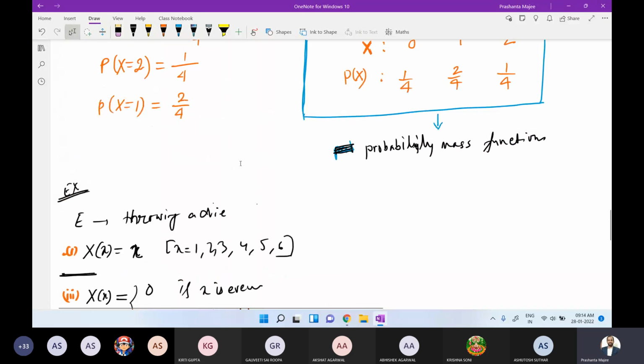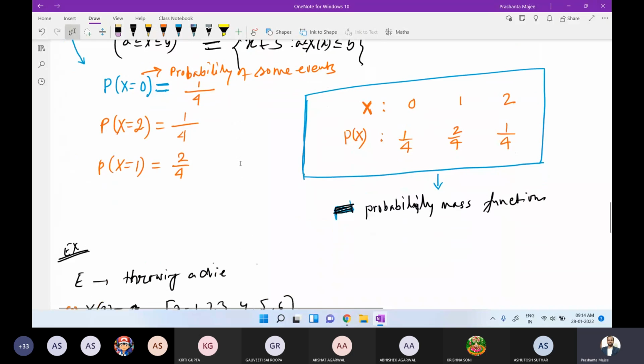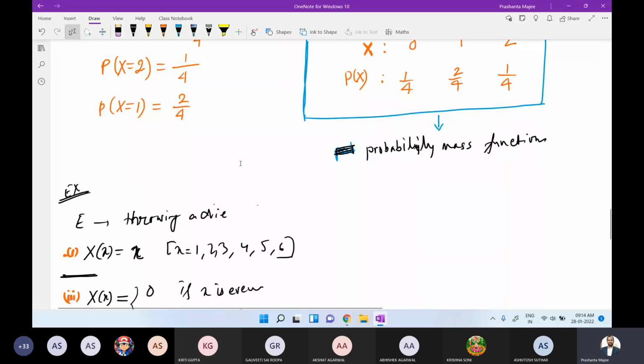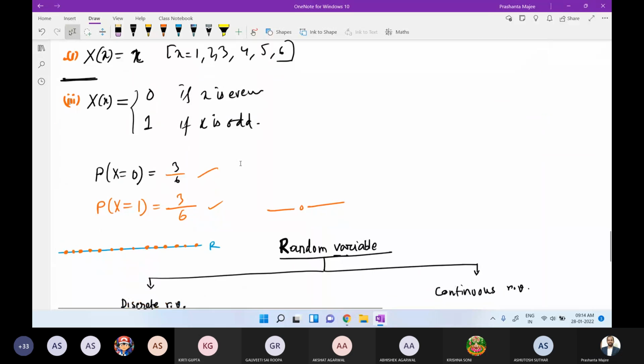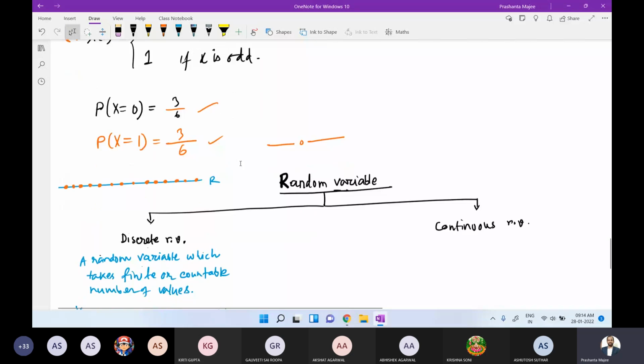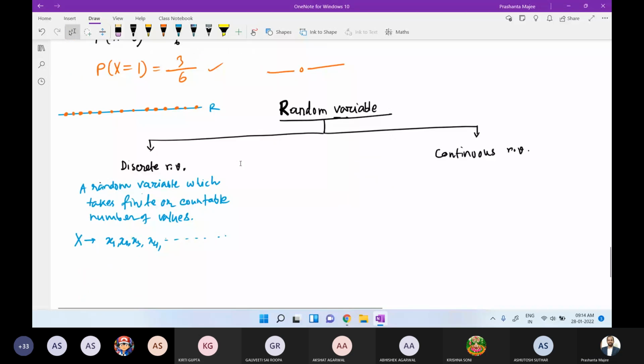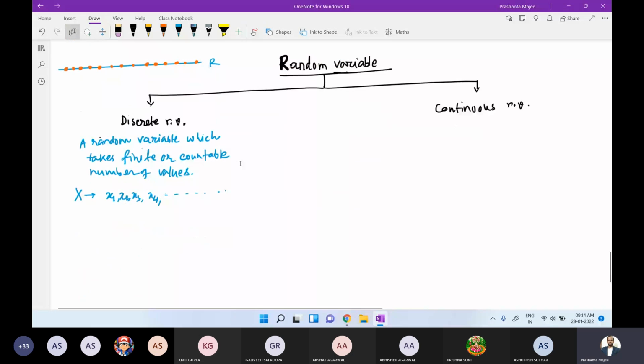If the image of the random variable consists of a countable or finite number of points, then that random variable is called a discrete random variable.